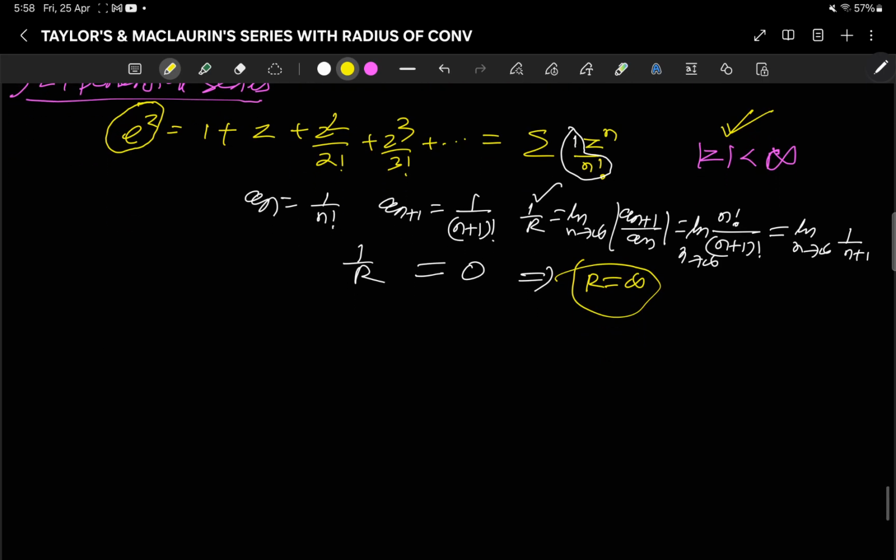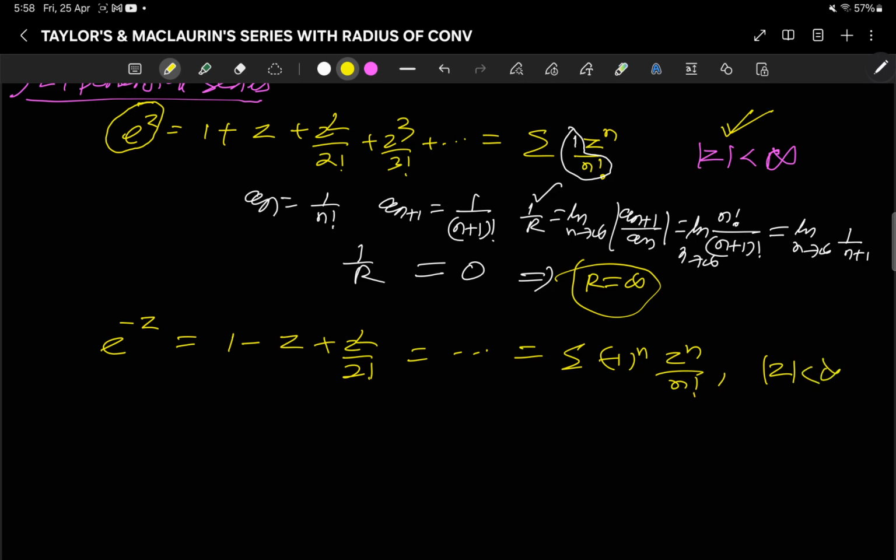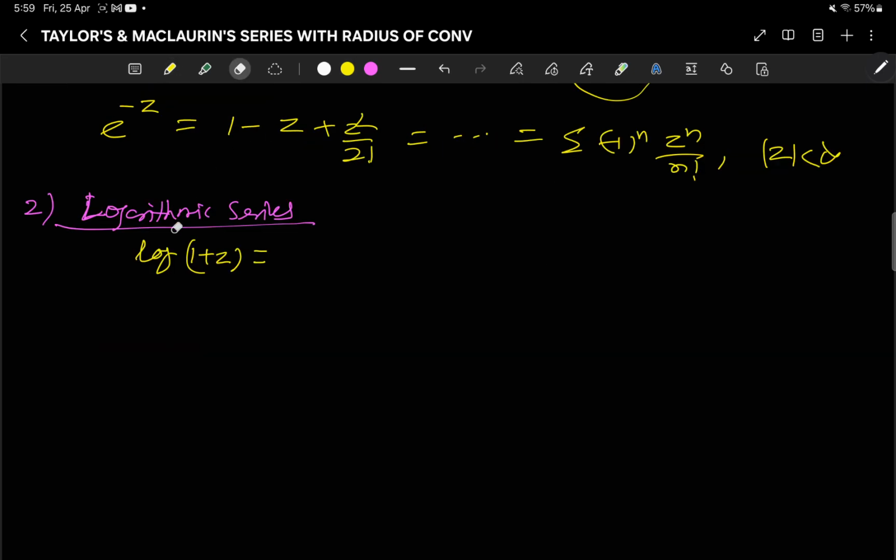Now e^(-z) is 1 minus z plus z squared by factorial 2, and it will be (-1)^n z^n by factorial n, with mod z less than infinity. Now coming to the logarithmic series, log(1+z).